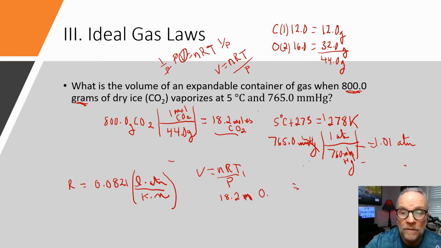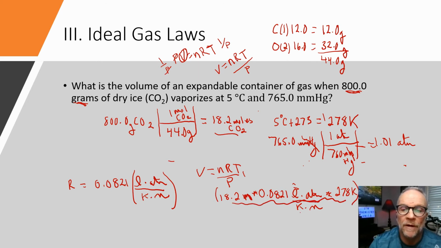Our R value is 0.0821 liters atmospheres per Kelvin mole. Our temperature is 278 K. So there's the top part. Forgive my squiggly line there. And the pressure we just did is 1.01 atmospheres.